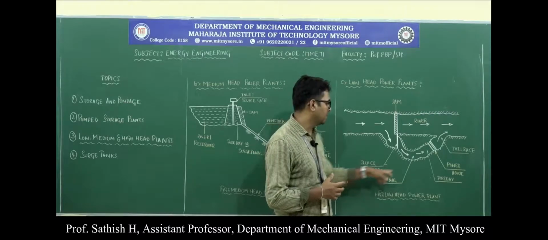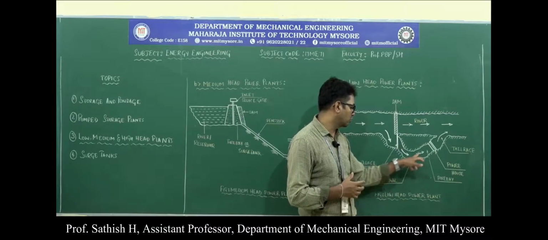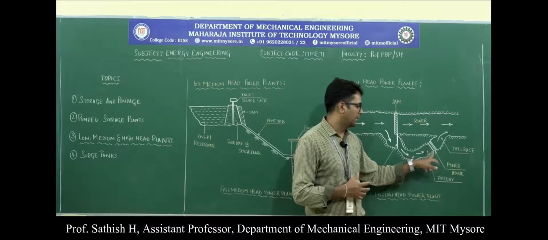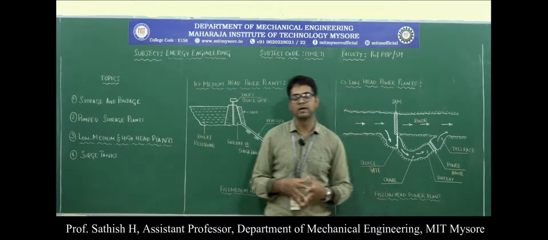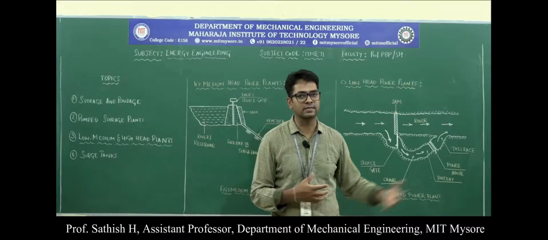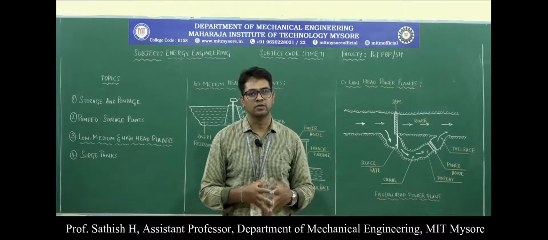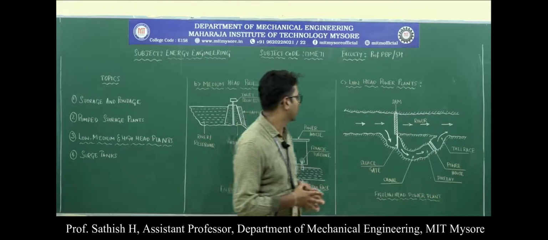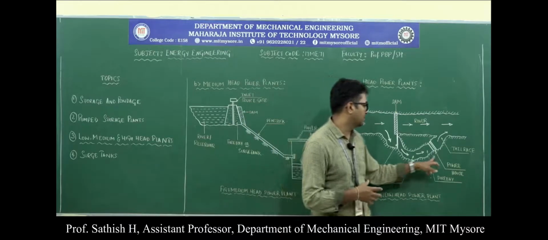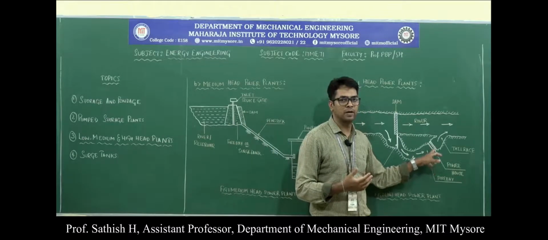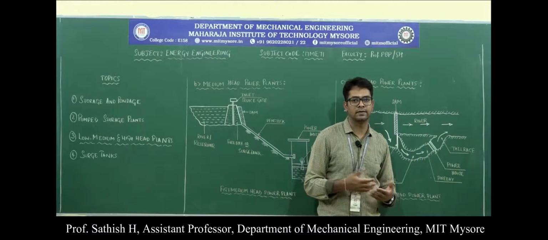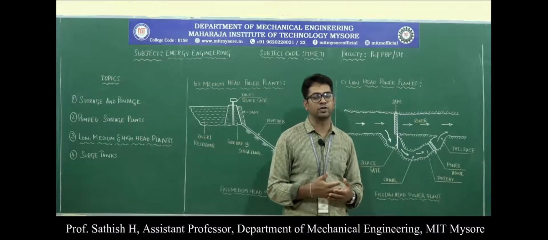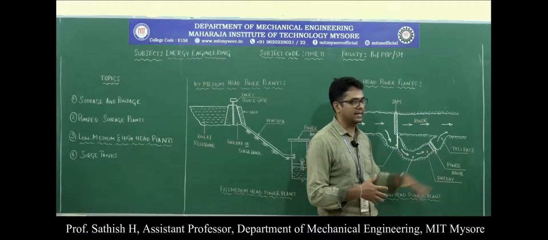After this water flows through the canal, it is taken into the power plant. Inside the power plant we have hydraulic machines. In this case we have a Kaplan turbine, which is the low head turbine. After the water passes onto the Kaplan turbine, the energy, kinetic and potential, is converted into mechanical energy.